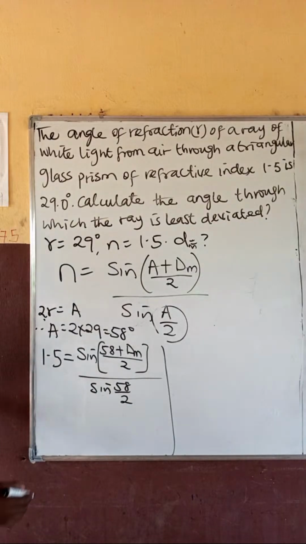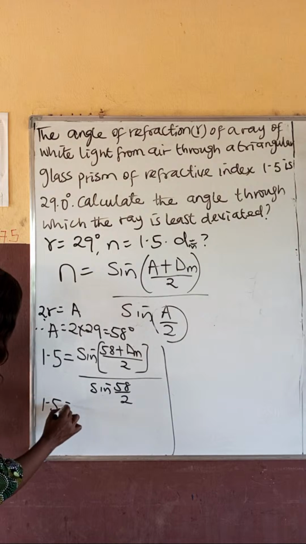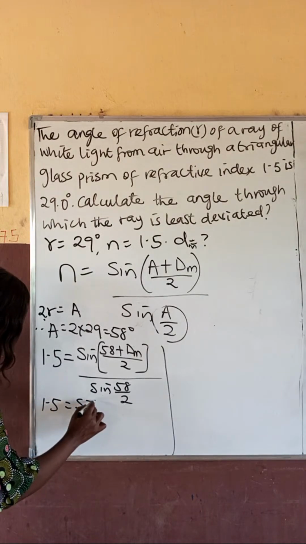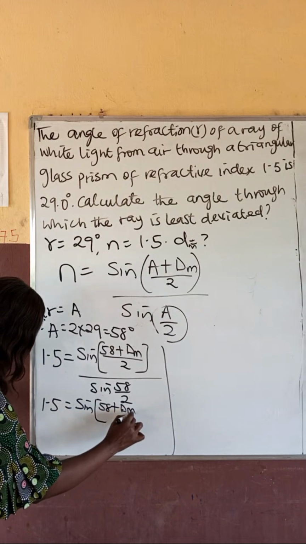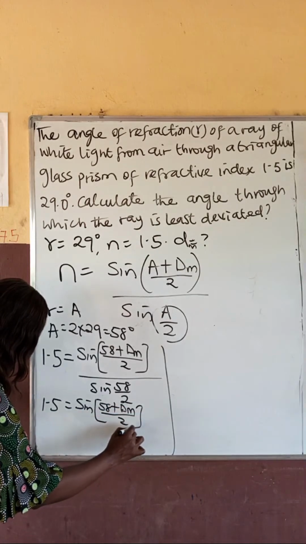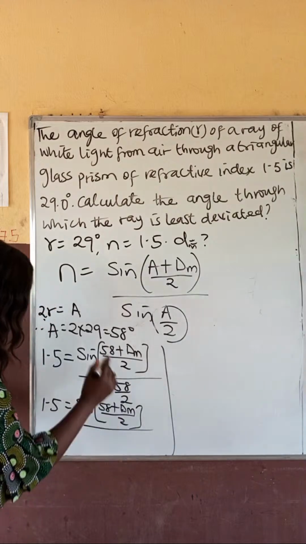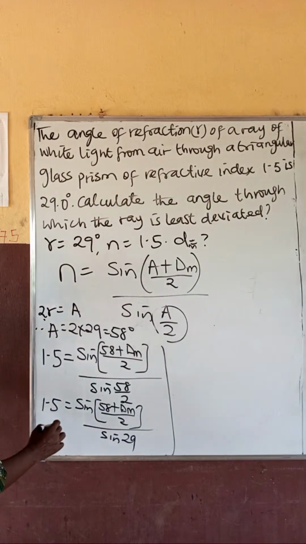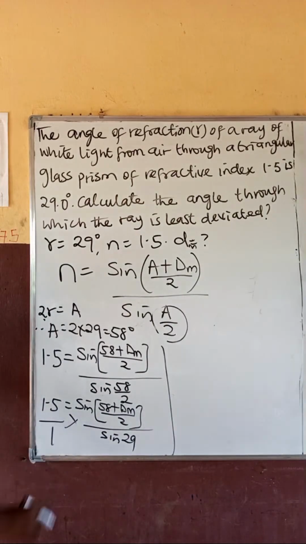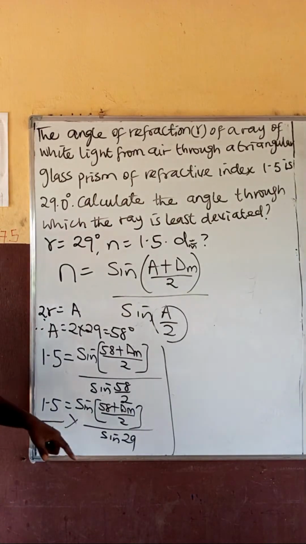Is that clear? So we go by saying 1.5 over 1 is equal to sine of (58 plus dm) divided by 2 over sine 29, right? So let's cross multiply to get what we have.